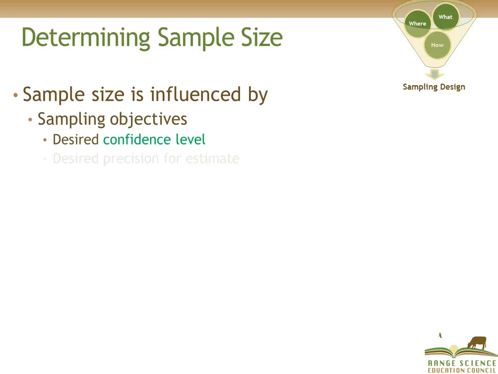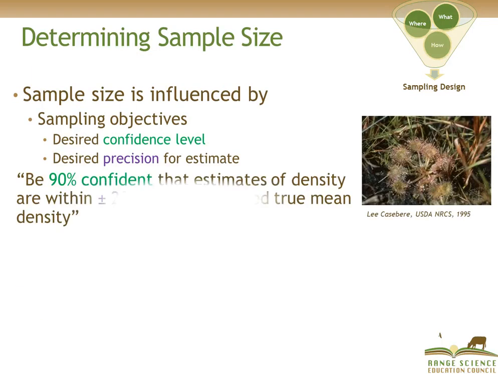Now, how do we determine what is the appropriate sample size? This is a question that is asked many times when people are trying to determine their sampling design. The sample size that we choose is influenced by our sampling objectives. What is the desired confidence level, and what is the desired precision that we want for our estimate?